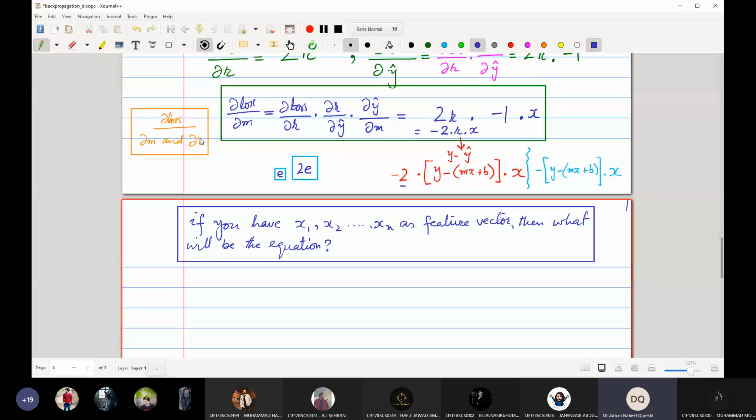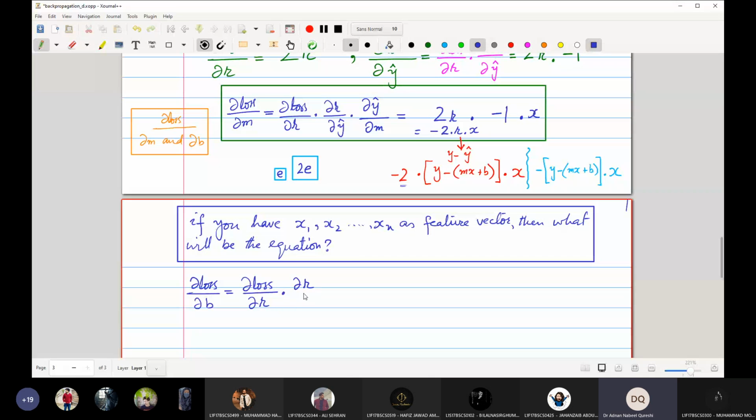Now coming to the other part of it, ये b वाला जो है इसे quickly कर लेते हैं. What we are going to do is find the loss with respect to b, and this is going to be again loss with respect to r.